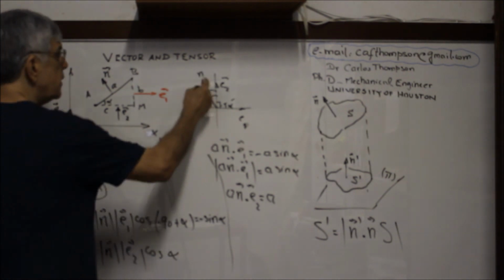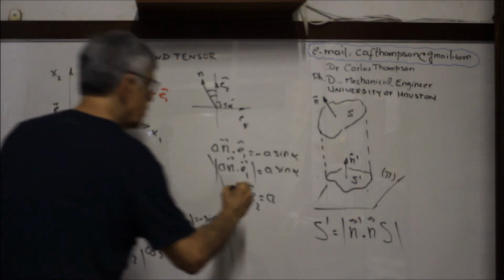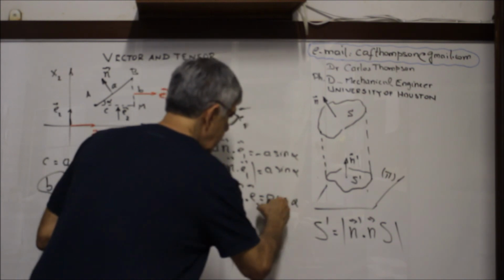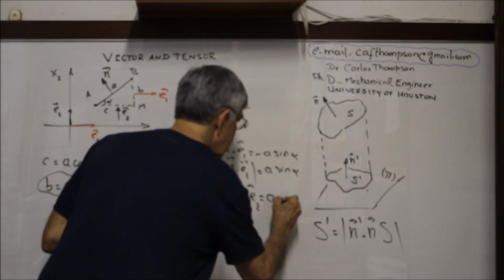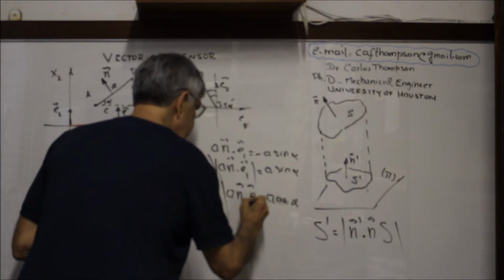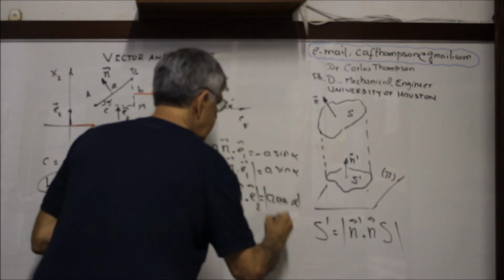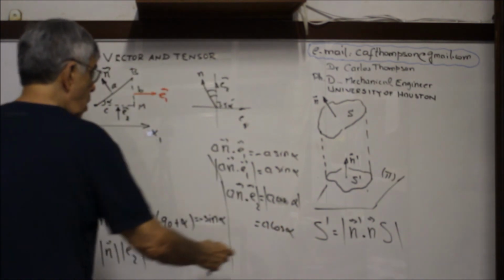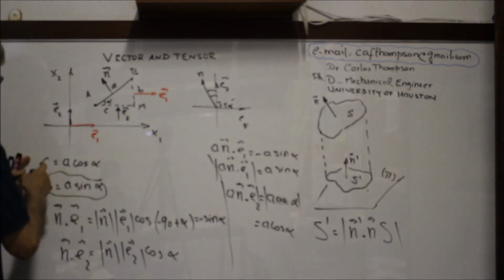The cosine of alpha. This is A cosine of alpha. So what is A cosine alpha? It is C.